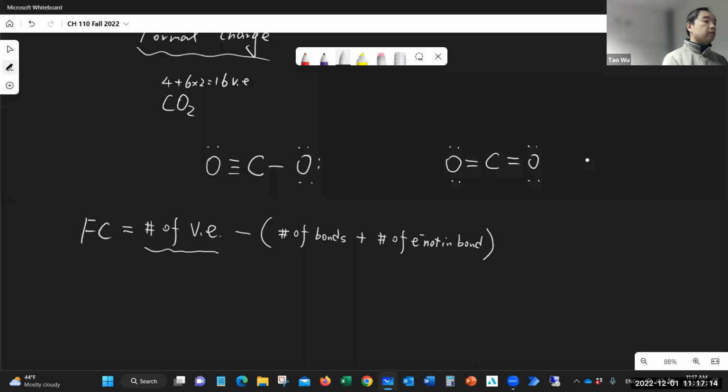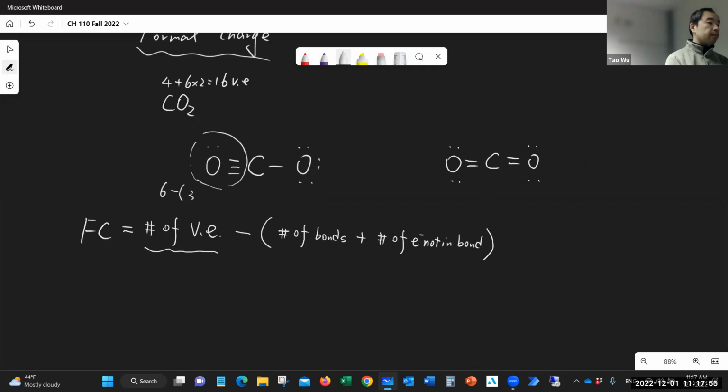Then let's just do one of the examples. Let's first figure out the formal charge for each of the oxygen, carbon, and oxygen. For this oxygen, the number of valence electrons for oxygen is 6, right? Then you subtract the sum: how many bonds does this oxygen have?